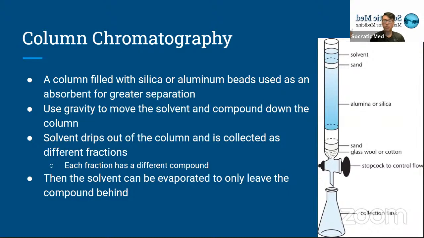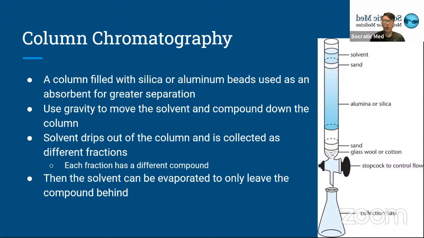The compounds that are more like the solvent will move along with the solvent down the column faster and farther, while the compounds that are more like the alumina or the silica will stick to it more, move slower, and not move as far.